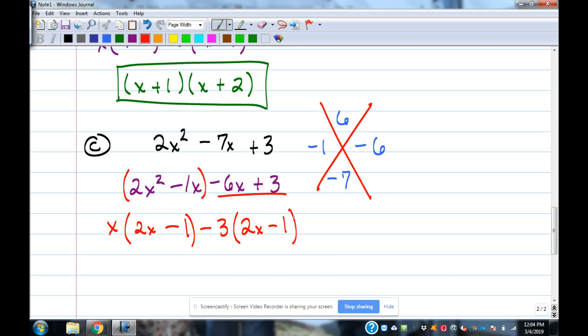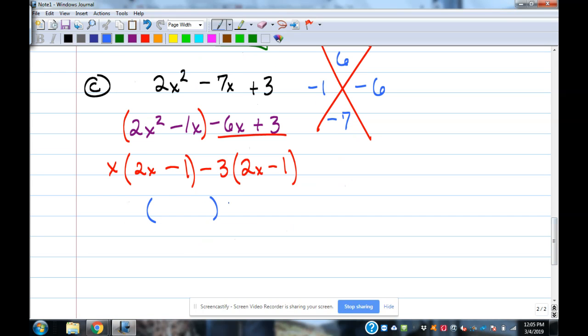Because negative 3 times 2x is negative 6x. Negative 3 times negative 1 is positive 3. That's why that changes signs there. Parentheses match. We did it right. Factors at the end: 2x minus 1, x minus 3.